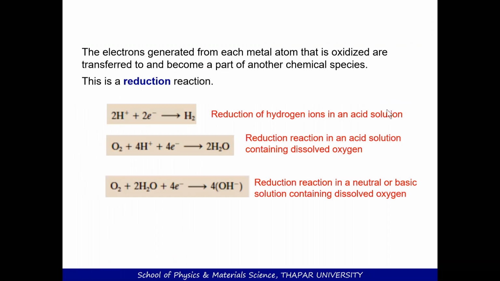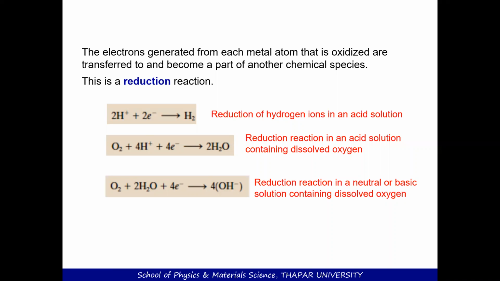Now, generally, in the electrochemical reaction, if one of the metal species undergoes an oxidation reaction, that means gets converted into a positive ion with a liberation of electrons, then some other atomic species has to absorb those liberated free electrons. In a way, it undergoes a reduction reaction.